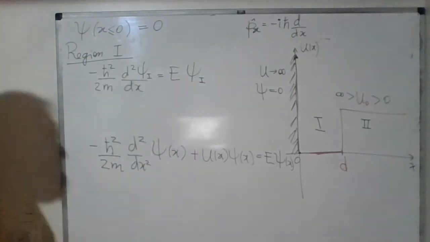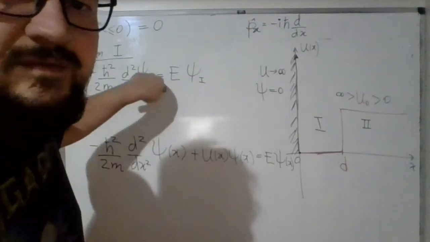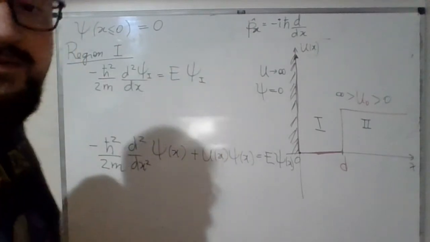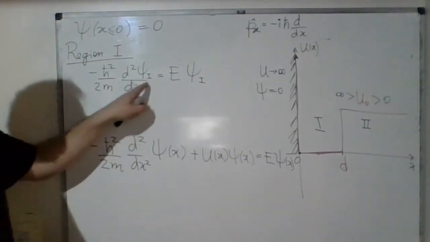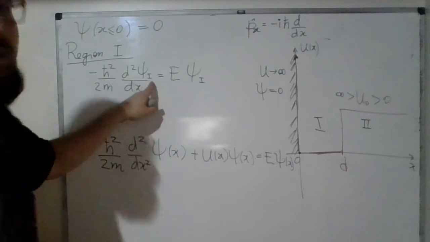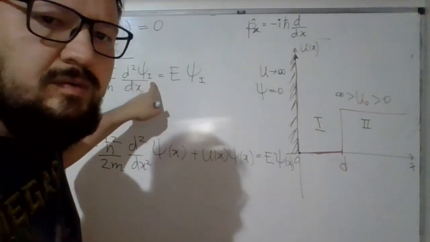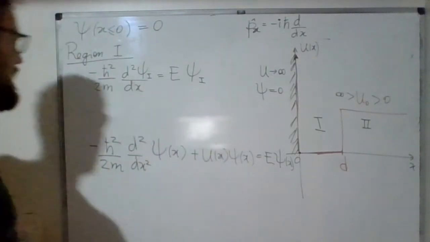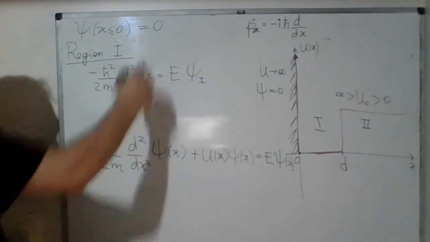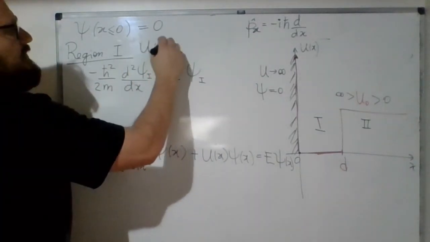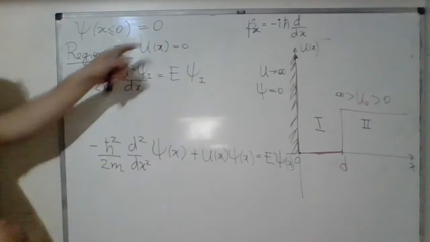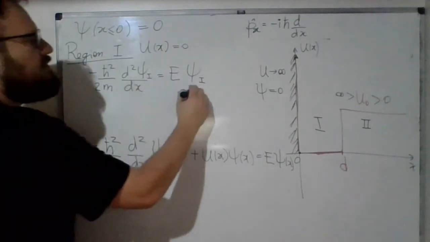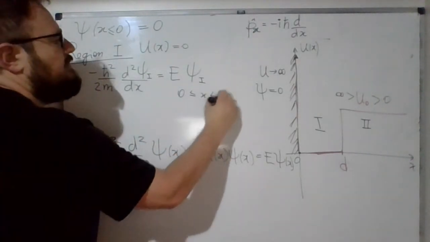Let me call it the psi one function. All right, I'm writing this Roman numeral or number here. Okay, and of course the potential in this region is zero. In this region, which stands from 0 to d.